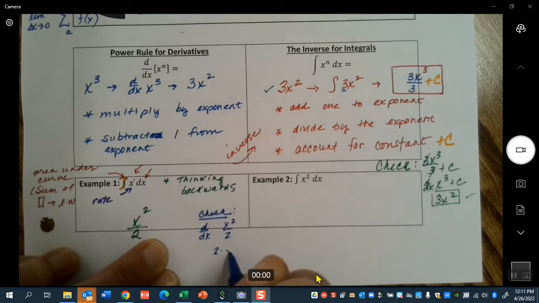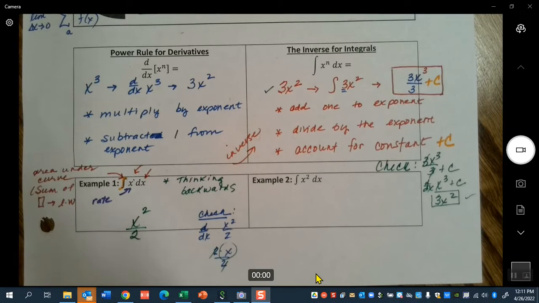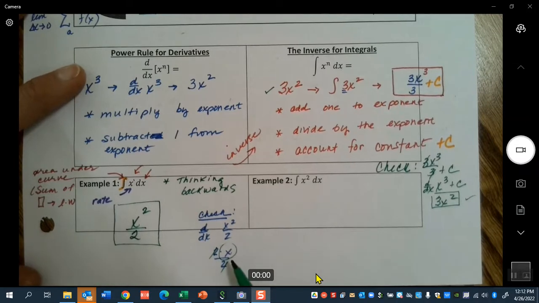So 2 times x to one less power divided by 2. Of course, these cancel out, and yes, I ended up with what I started. So the integral, my original function, was a quadratic. My rate of change is linear. I was given my rate, and I'm going up to my original.